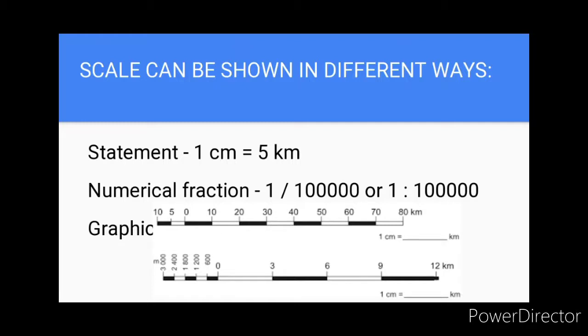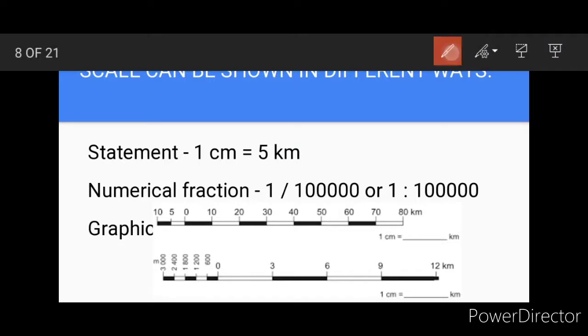Now moving on, the third way is in the form of a graphic or a linear scale. So we will form a scale, which is a line that shows primary divisions and secondary divisions. Over here, these ones from 0 to 80 are called primary divisions, and this part is your secondary divisions.